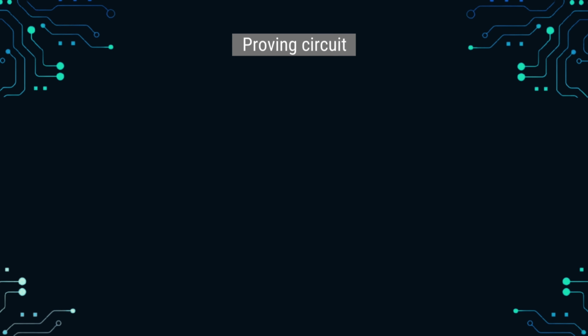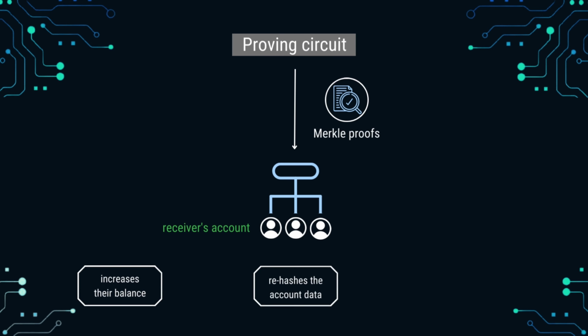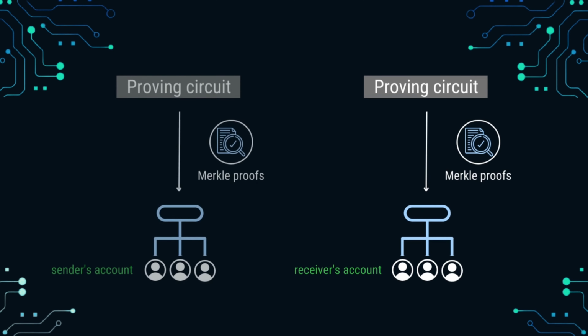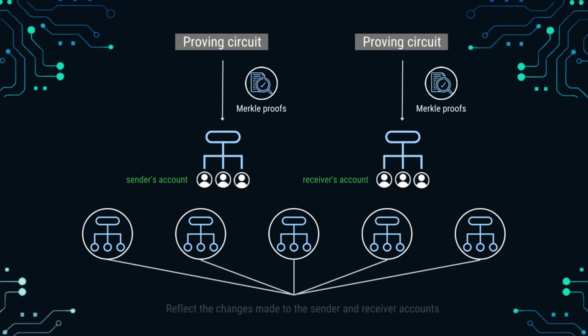Similarly, the proving circuit performs the same set of operations on the receiver's account. It validates the receiver's account existence under the intermediate state root, increases their balance, rehashes the account data, and combines it with the Merkle proof to generate another new state root. This process repeats for each transaction in the batch, resulting in new state roots that reflect the changes made to the sender and receiver accounts.